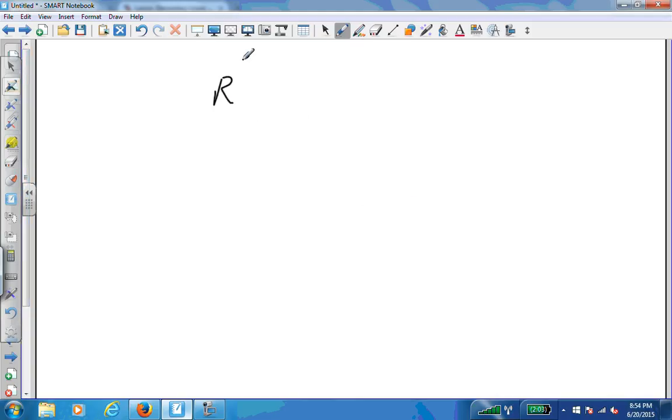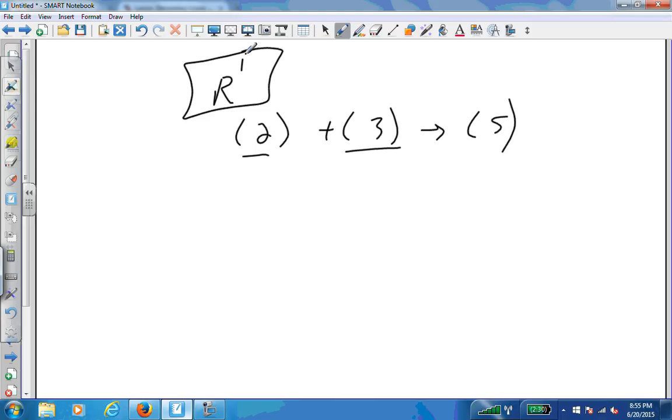Even something that's in 1 dimension, that's just basically the set of real numbers. If I take some real number and add another real number, then I get a real number. I'm going to get something that's still in that set of real numbers.